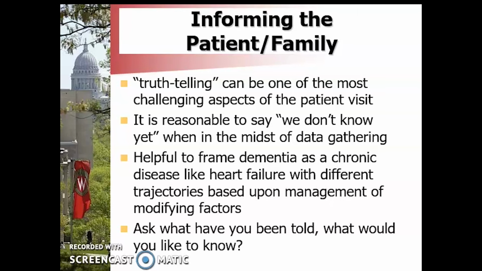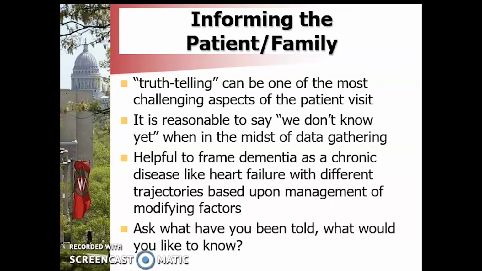frame the dementia syndrome as a chronic condition or chronic illness, just like heart failure, diabetes, or lung disease. Certainly with these chronic conditions, there are different trajectories, and those trajectories can be modified based upon intervention for various factors.